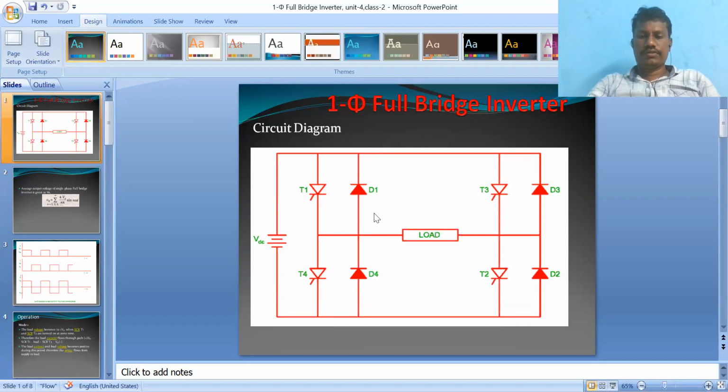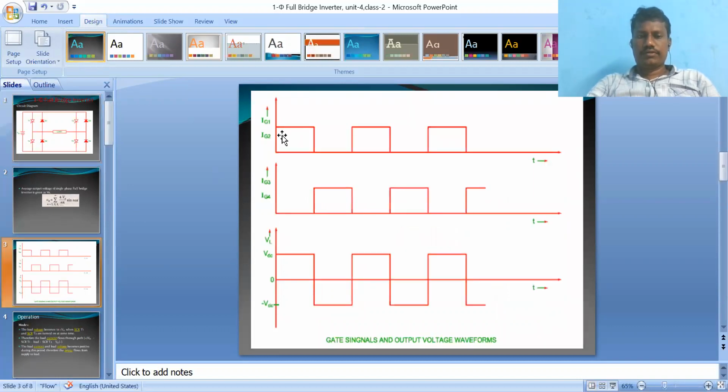Now let us see the operation and the waveforms. So it is Ig1, Ig2, Ig3, Ig4, and these are the output voltage waveforms.